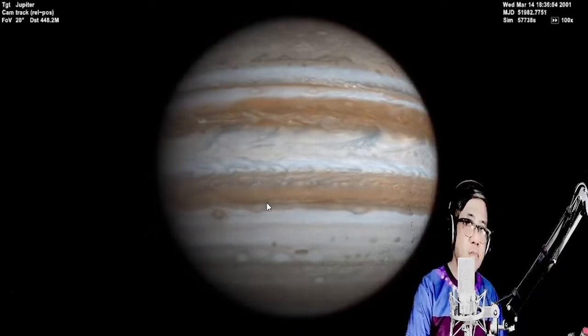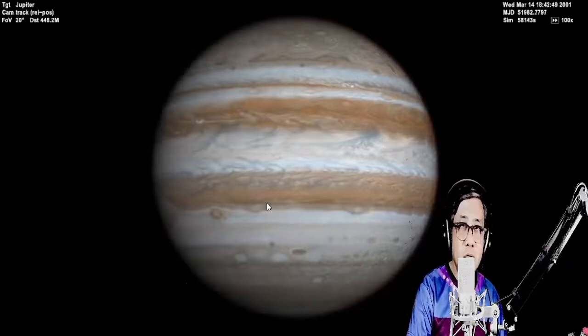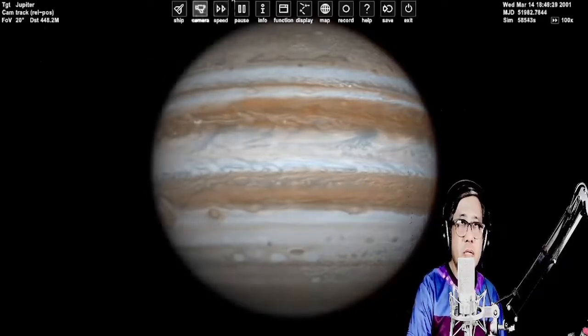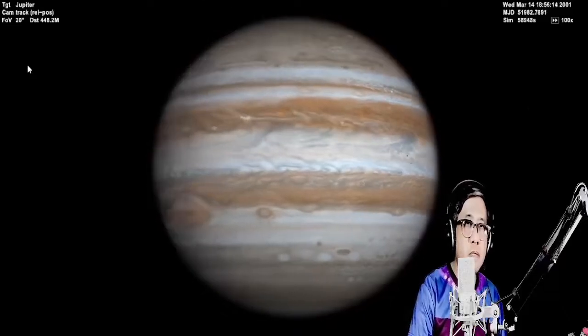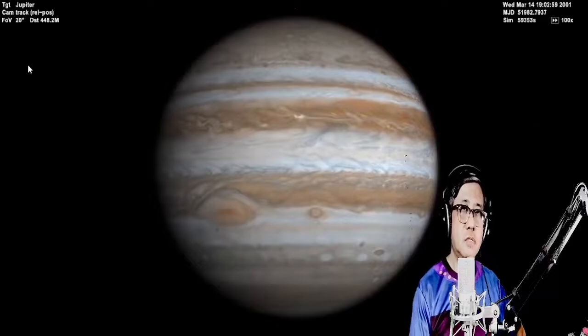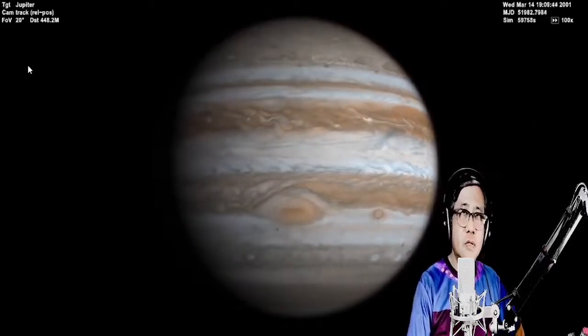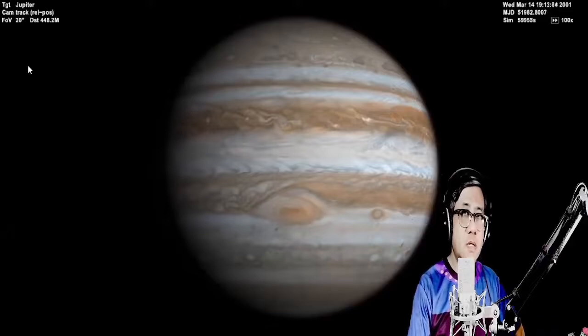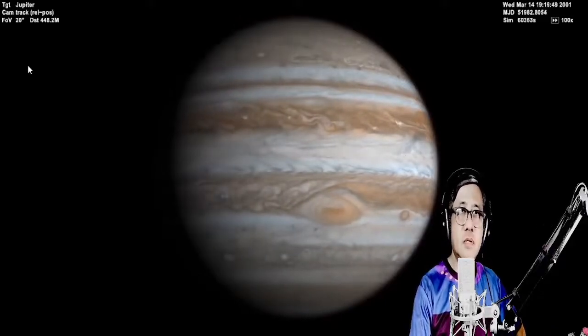The atmosphere of Jupiter is composed of hydrogen and helium, with traces of methane and ammonia. Mostly hydrogen, almost 90% hydrogen, and 10.2% is helium, and the other gases include methane and ammonia.